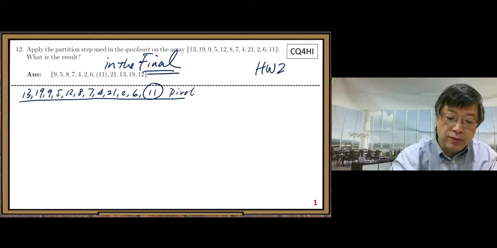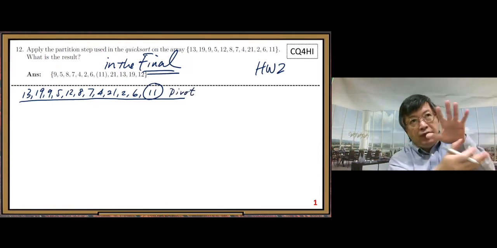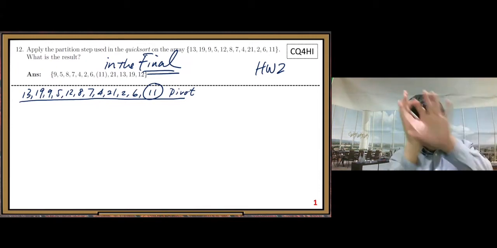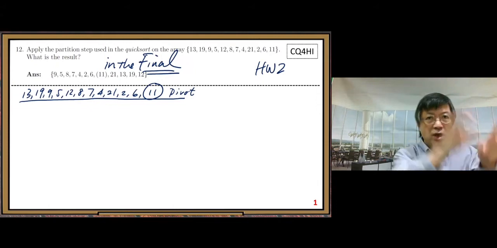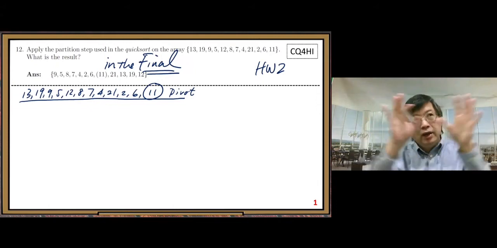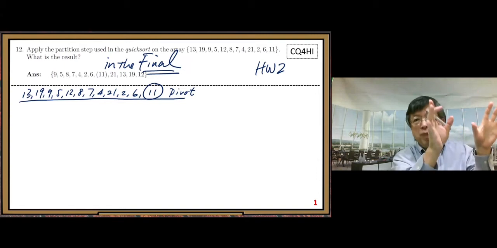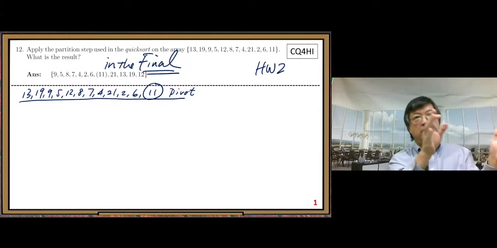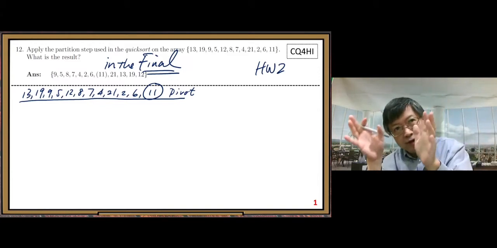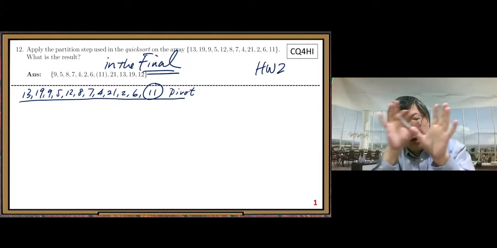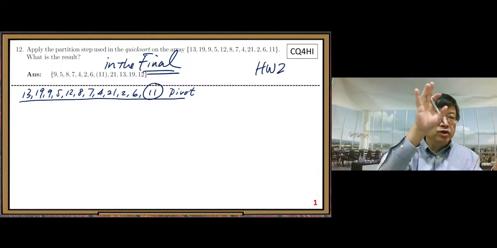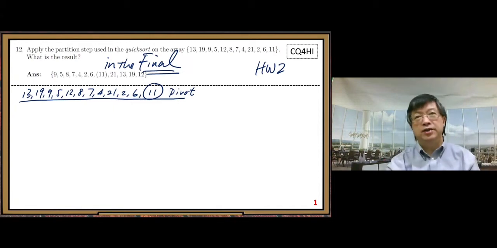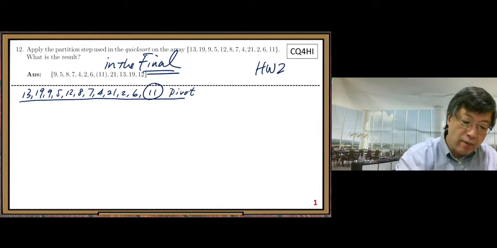So we will use this pivot element to compare with each other element. Some of them are less than this pivot, some of them greater than the pivot, right? For those elements less than this pivot, we want to put them in consecutive locations. Greater than this pivot, also put them in consecutive locations. We will use swap operation to make that. Okay, so that's the basic idea. So let's do one by one.